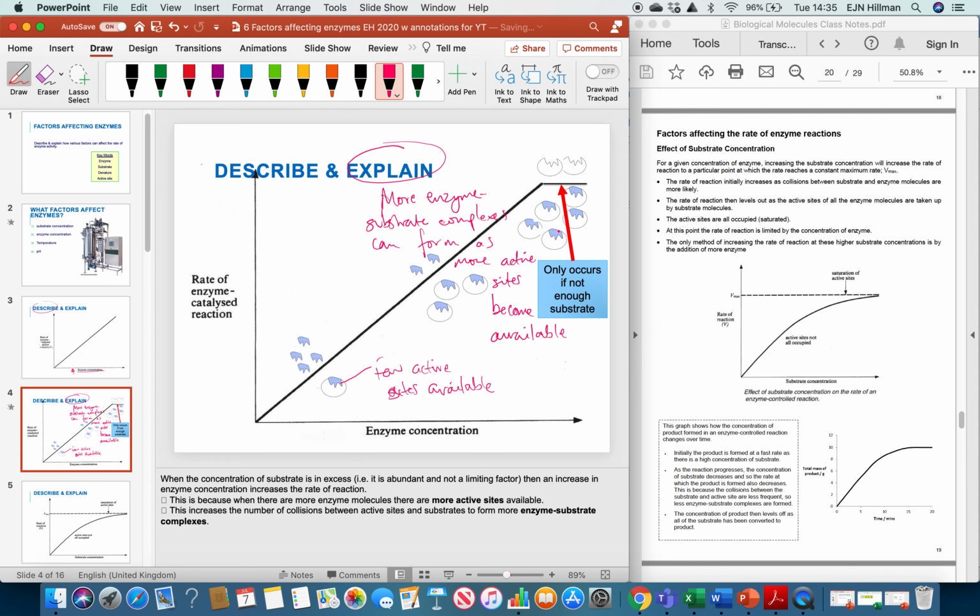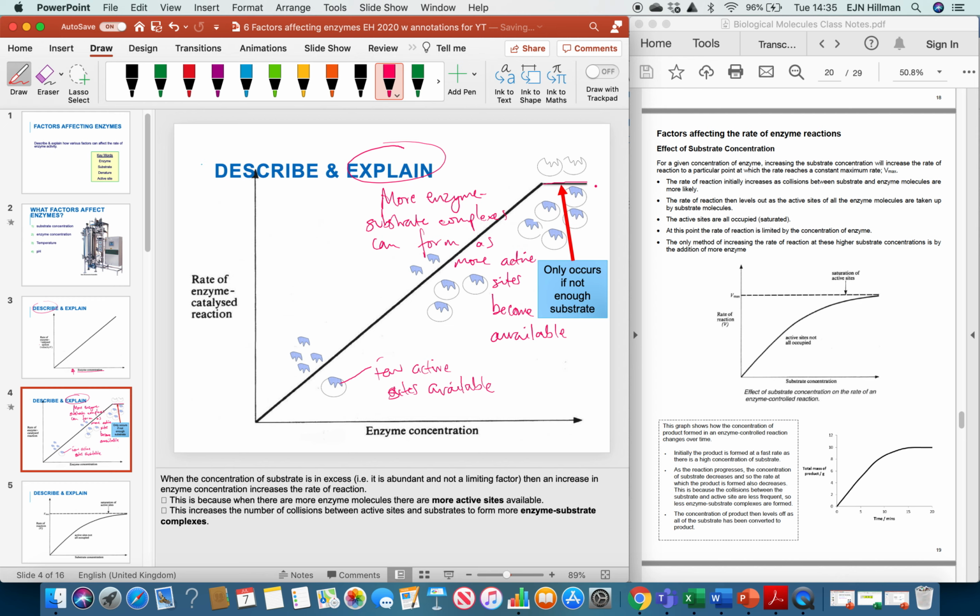However, if the substrate becomes a limiting factor, if there is no excess of substrate, the rate of that catalysed reaction would eventually plateau. We can see at this point that there is no further increase in the rate of the enzyme controlled reaction.